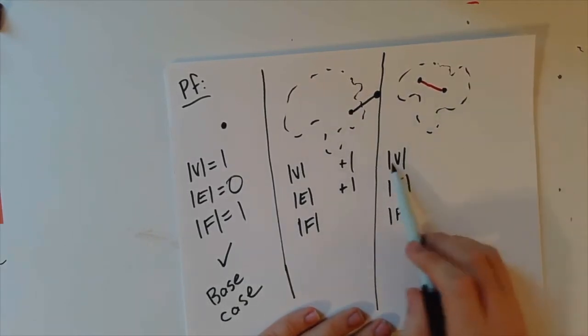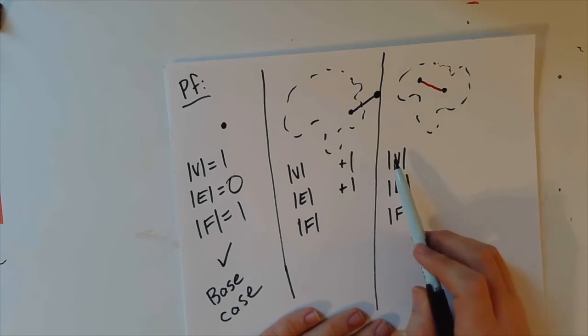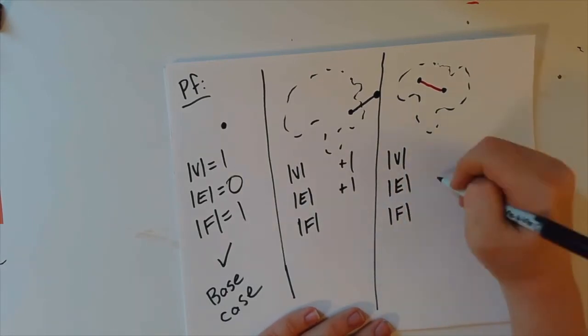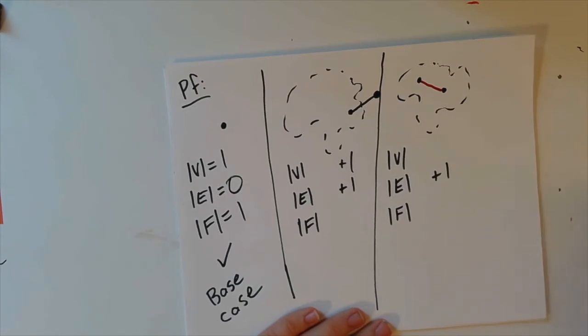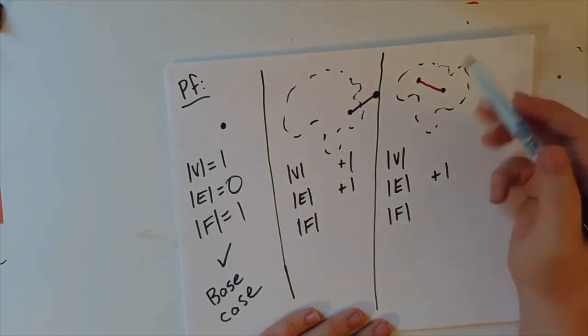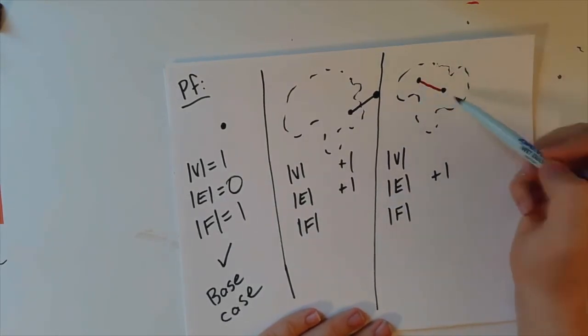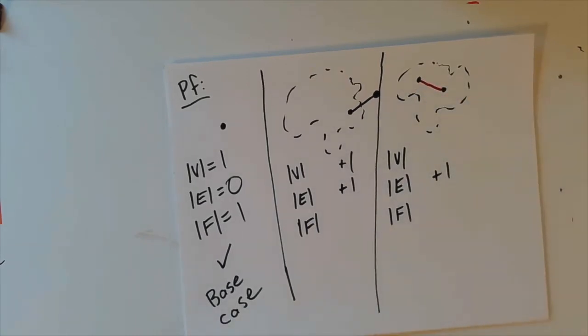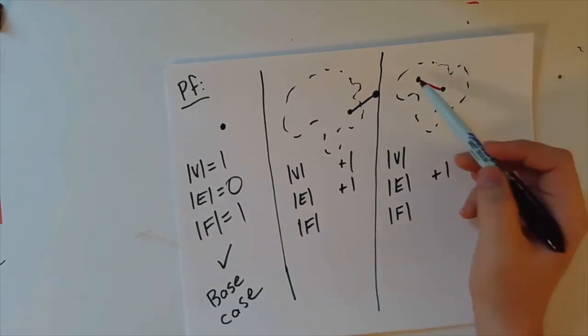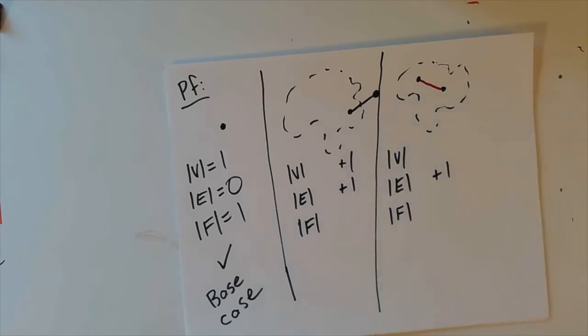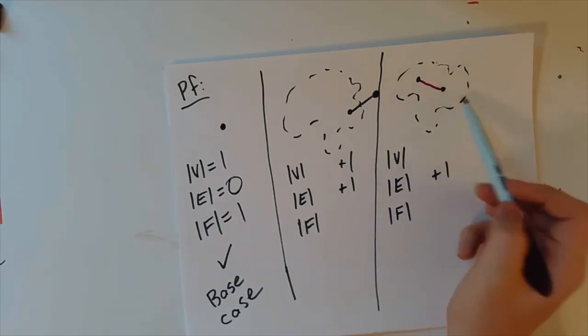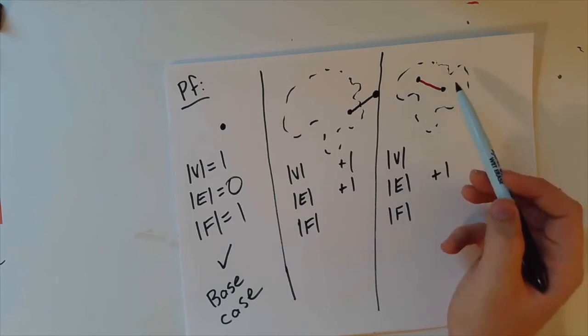Well, it does not change the number of vertices, because I explicitly didn't add a vertex. It increases the number of edges by 1. But also I have to think about, what did adding this line here do? Adding this line here separated a face into now two faces, right?